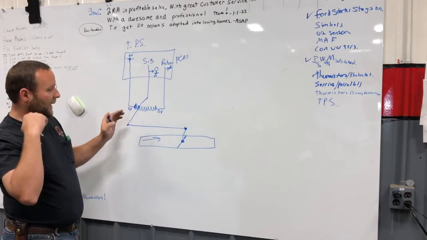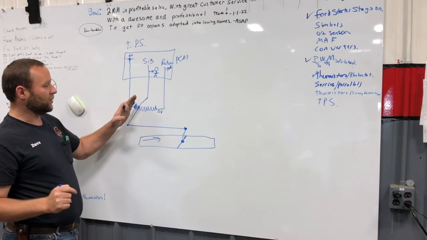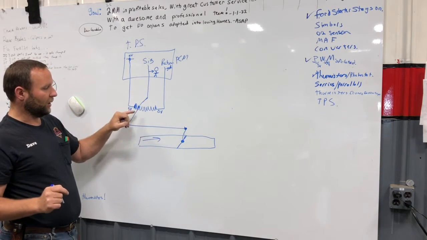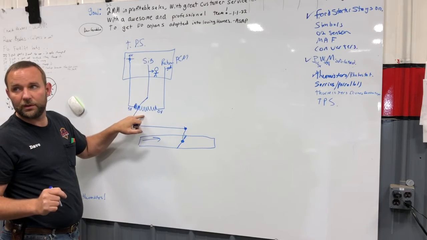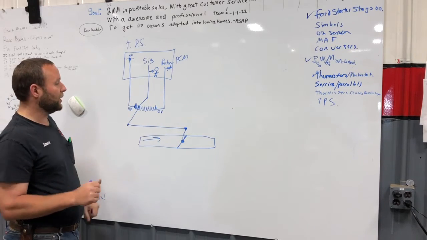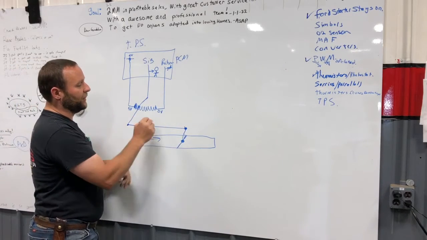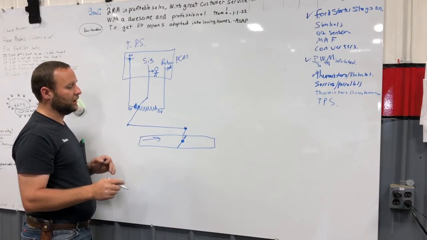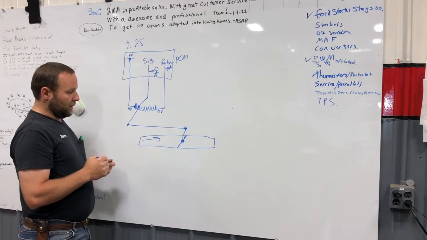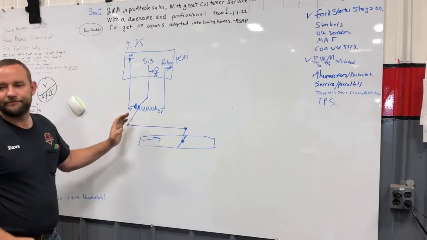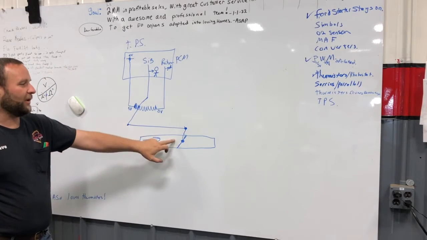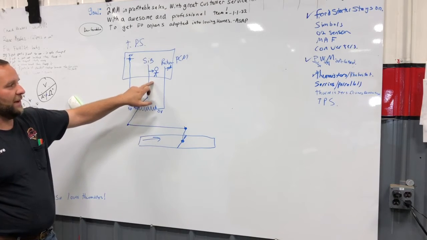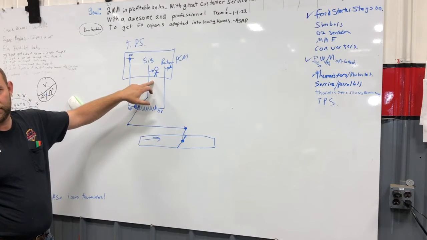So as this throttle moves, this wiper moves across this thing, right? If this guy opens, this throttle's gonna go down. It's probably not the best way to do it. When that throttle opens, this is going to move. What's going to happen to that voltage? It's going to drop.